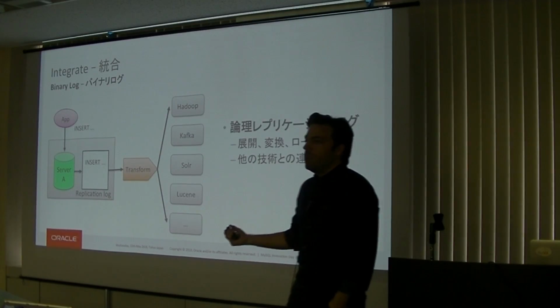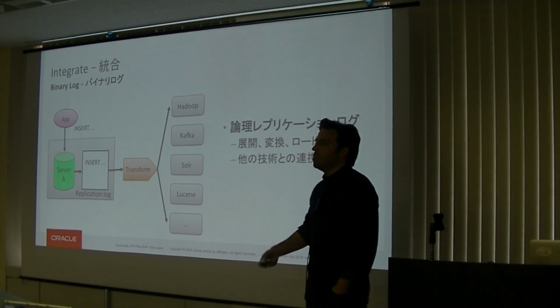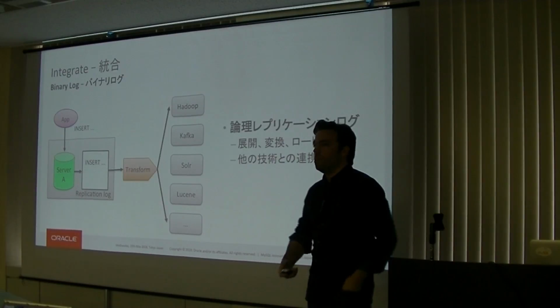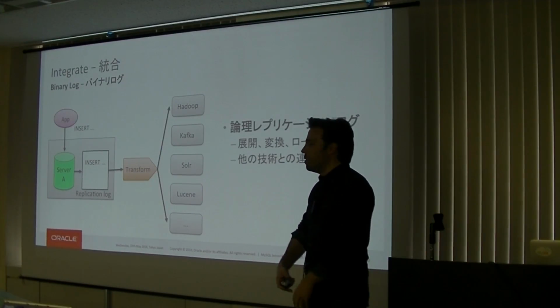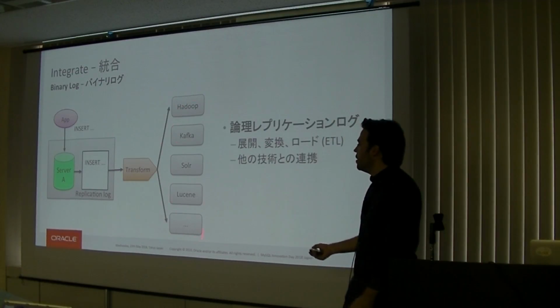As I said, we continuously improve the bin log. The bin log is a tool or a component that is used to capture the changes from the server and integrate them into some other systems. We see a lot of these things happening.